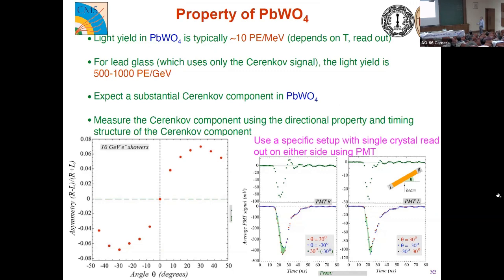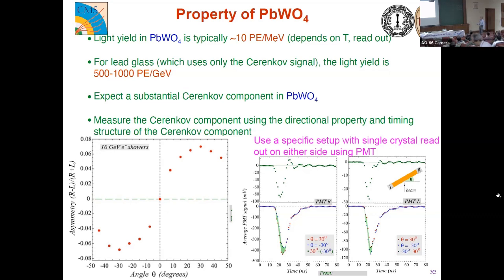The light signal there is typically about 1 photoelectron per MeV, which is not so different from 10 photoelectrons per MeV. So we expect a substantial Cherenkov component in lead tungstate.